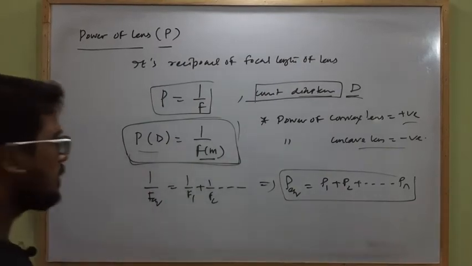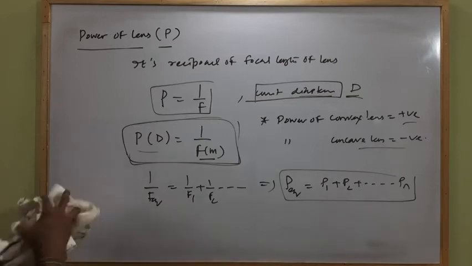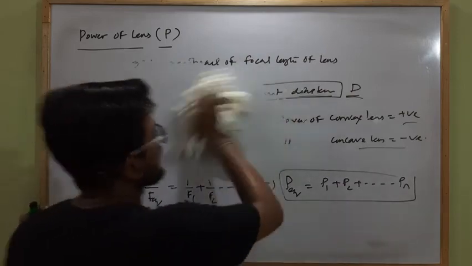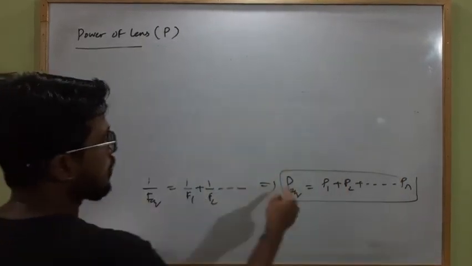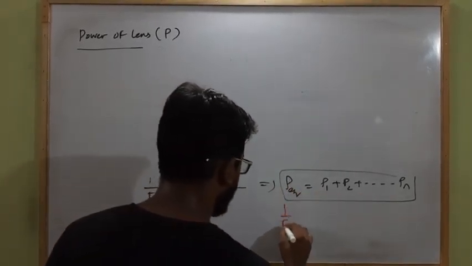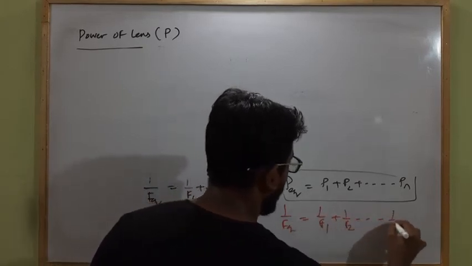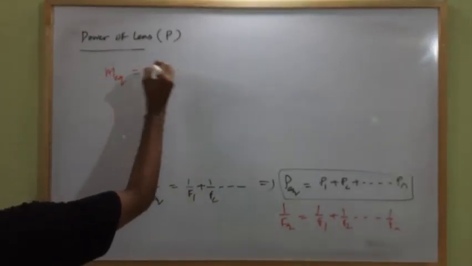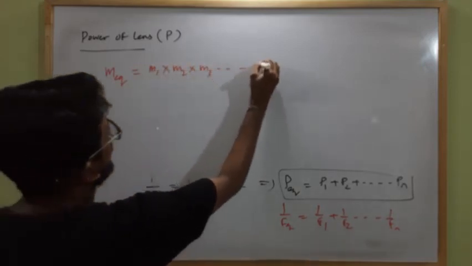Clear? Then what will be the magnification for the combination? For a combination of thin lenses, you have to remember this is the equivalent power, and you already know F equivalent equals 1 by F1 plus 1 by F2 and so on up to 1 by Fn. Similarly, the equivalent magnification for a combination of lenses will be M1 into M2 into M3 up to Mn.